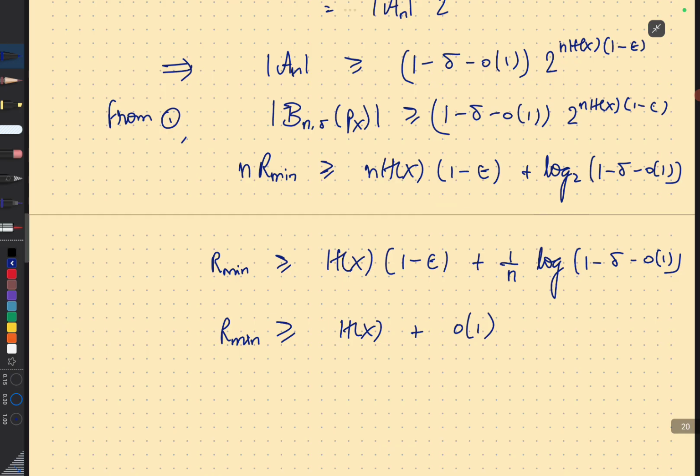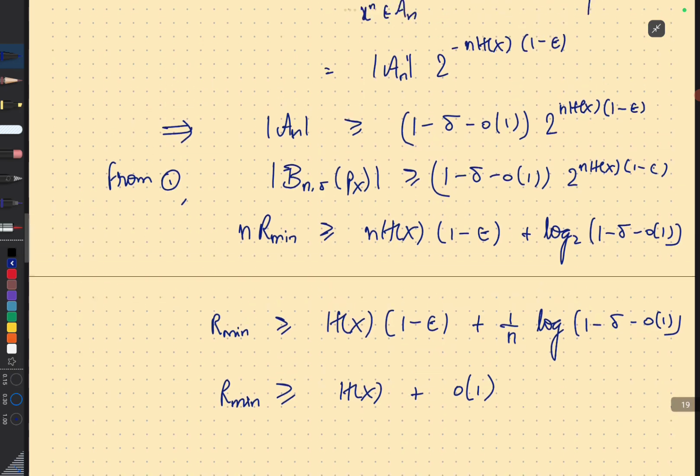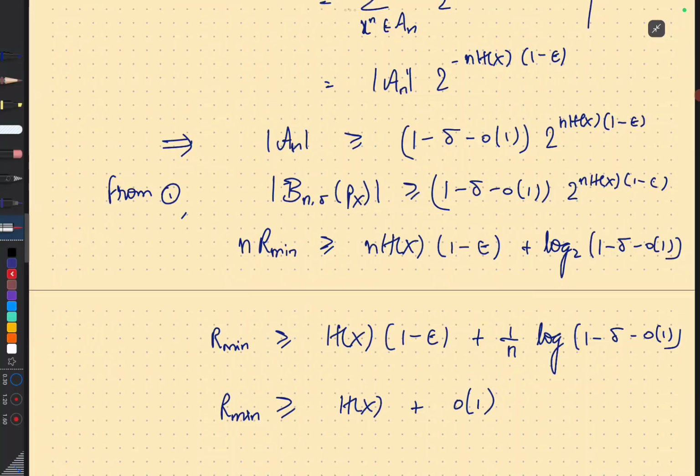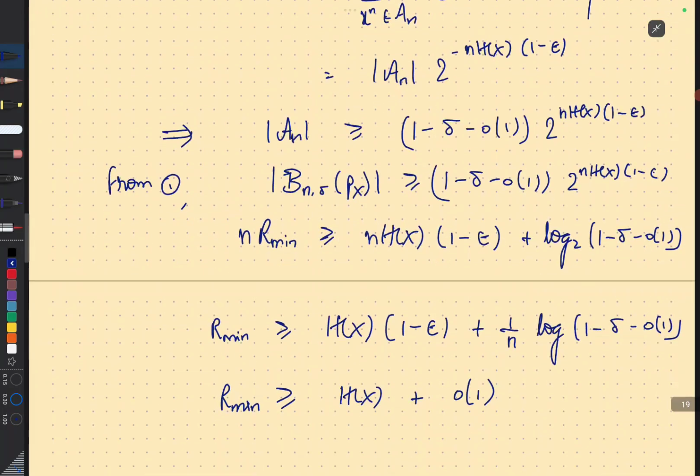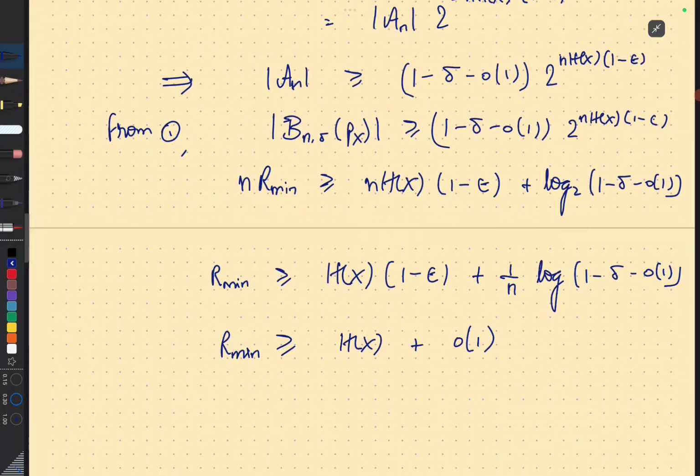After the summation, is it A_n dash? Which one? After the summation. So here, right? Okay, I'm sorry. I think that's just the size of A_n times this. So the minimum rate of compression is the entropy, right?